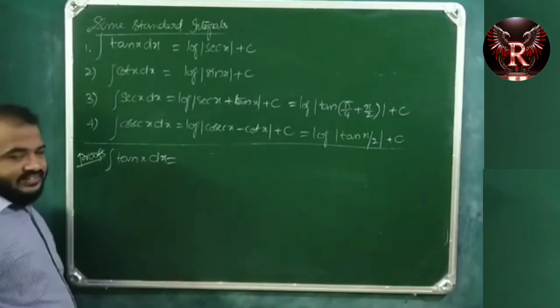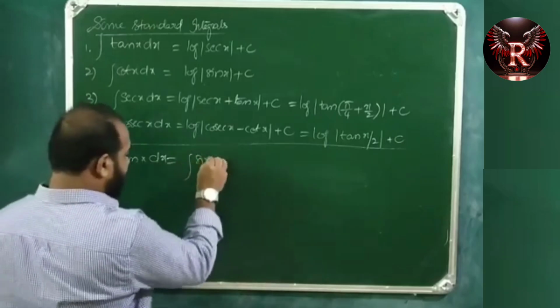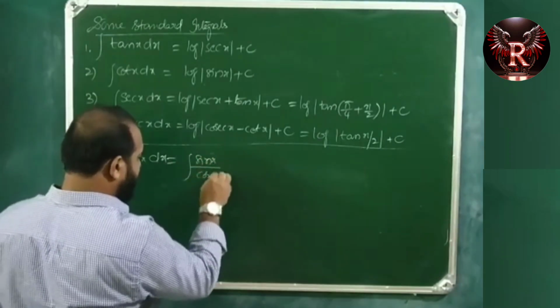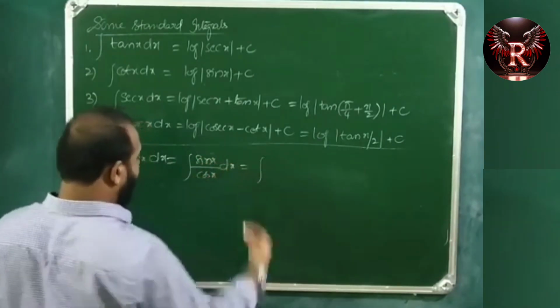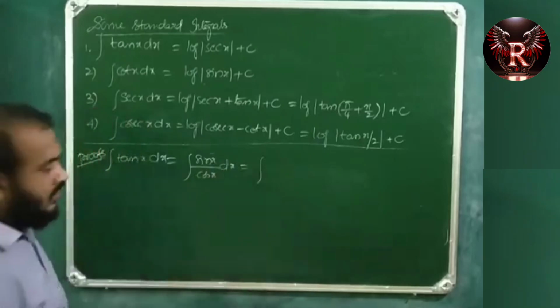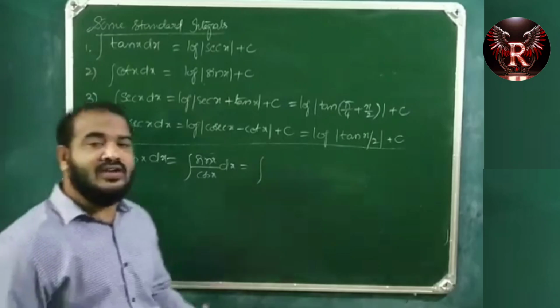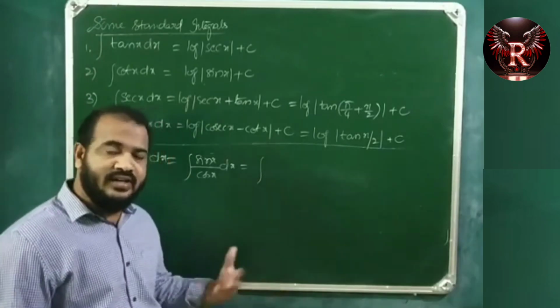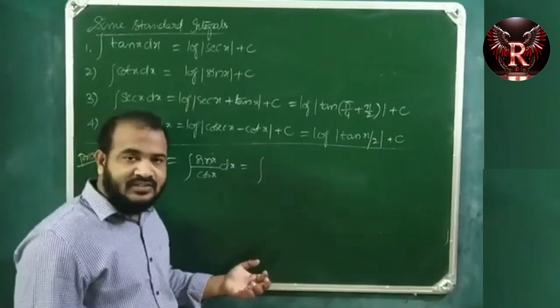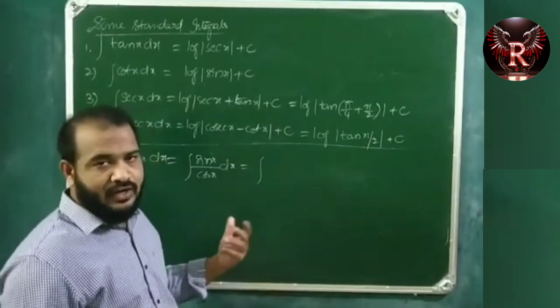So integral tan x dx is equals to sin x by cos x dx. This can be done in two ways. If you are not familiar with the results, then the straight method, which is a conventional method, we can adopt.